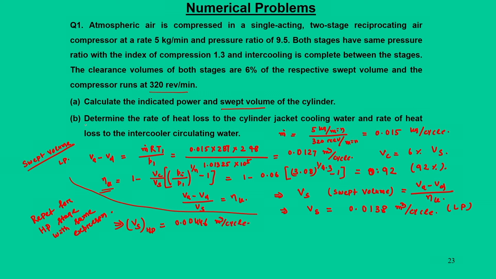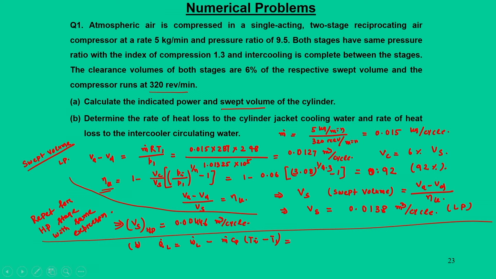And the third part is the heat loss to the cooling water. So, there are three parts. We can write Q dot L is equal to W dot L minus m dot Cp (Ti minus T1).